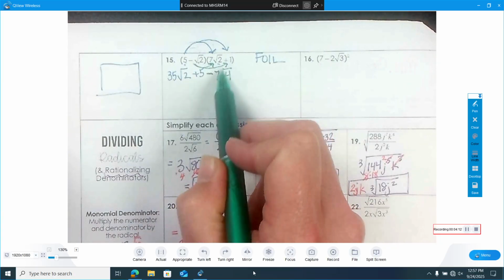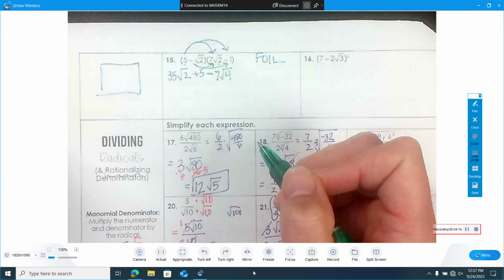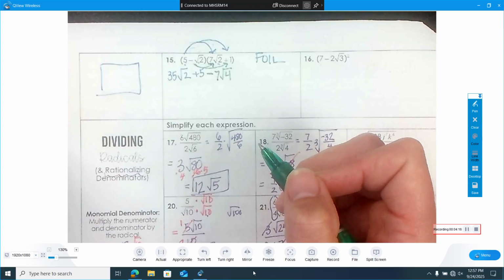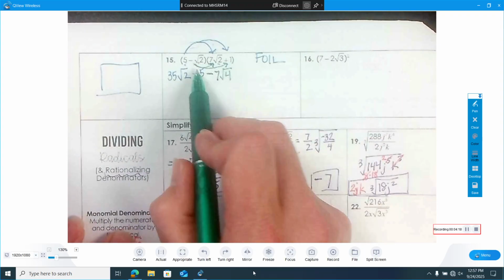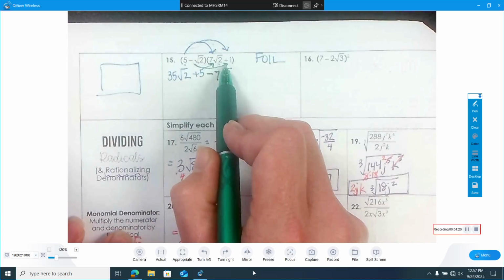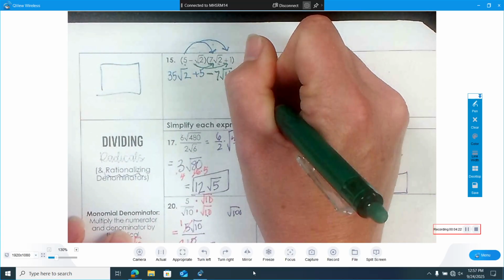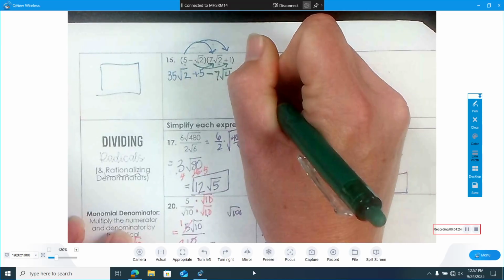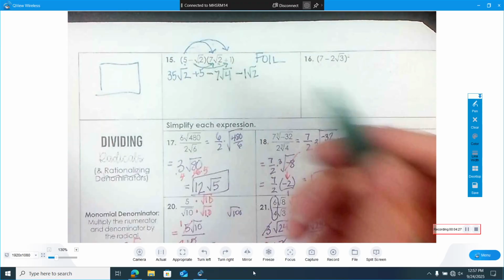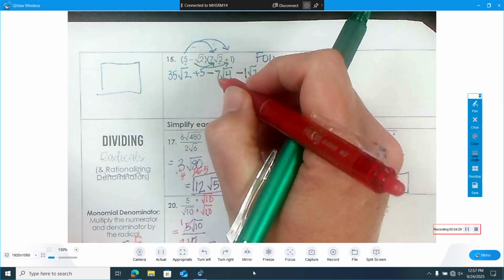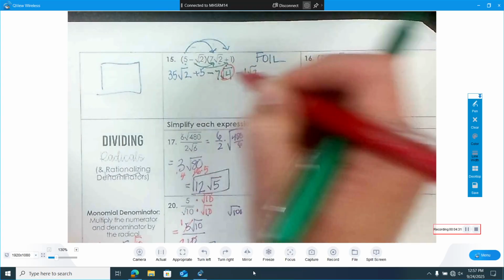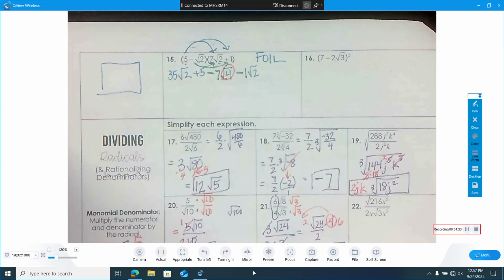But then, of course, radical 4 can clean up, can't it? What is the square root of 4? 2. So I'm going to take care of that on the next step. What is negative radical 2 times 1? Negative 1 radical 2, yeah.